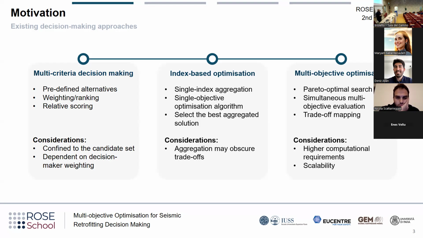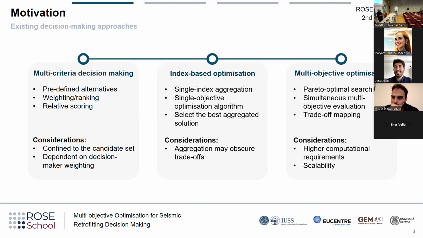But this has two main considerations. The first one is that it is computationally expensive, because the design space is huge, and we cannot just randomly start from a point and try to make the framework find the solution.